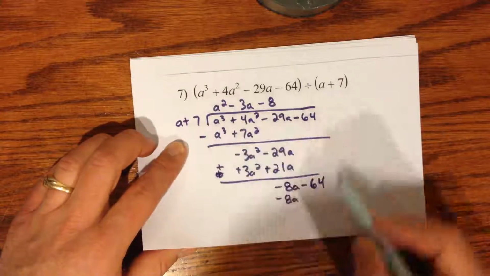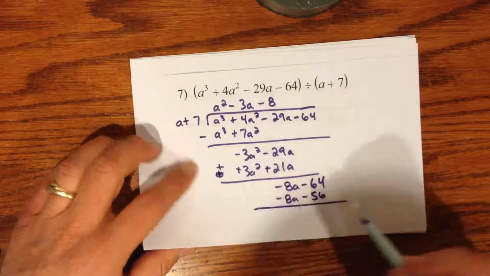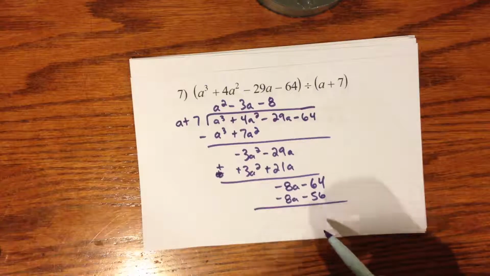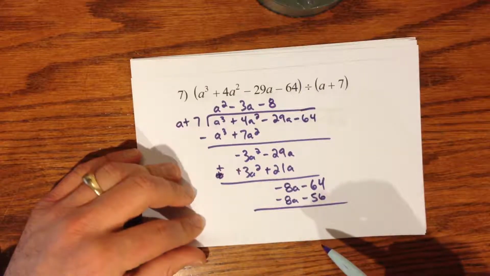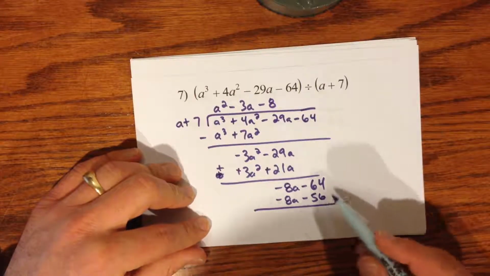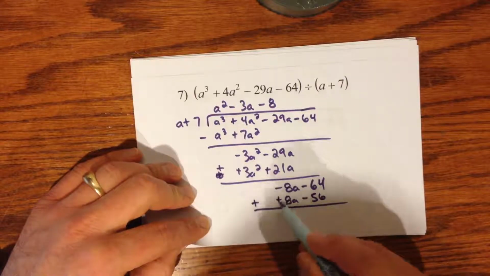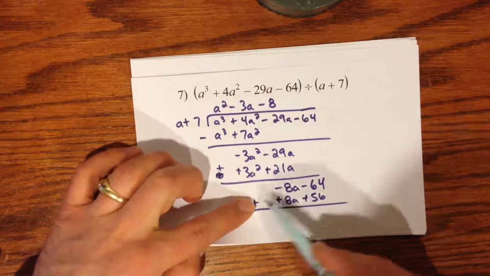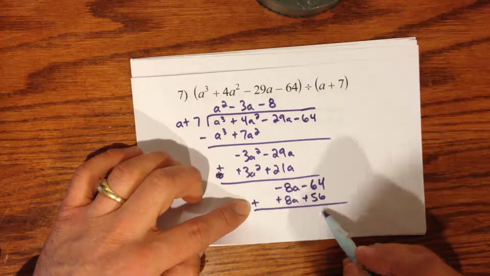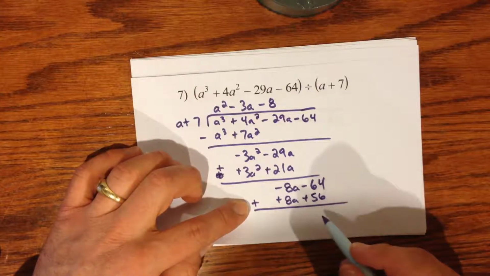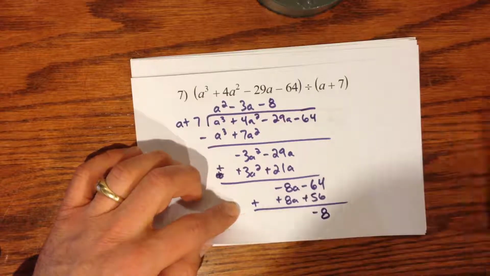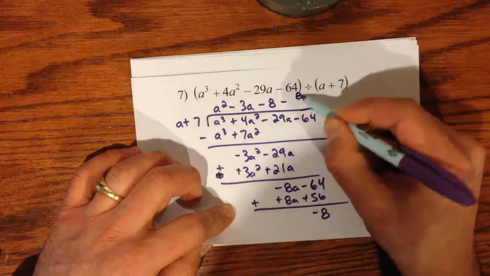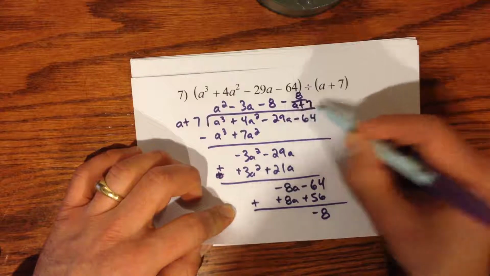And then negative 8 times 7 is negative 56. Again, we have a lot of double negatives here. And if we turn this into addition, because it was subtraction, we should switch the signs. It looks like I get negative 8. So I write subtract 8 over a plus 7.